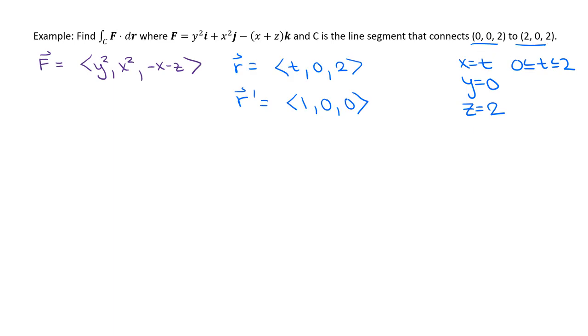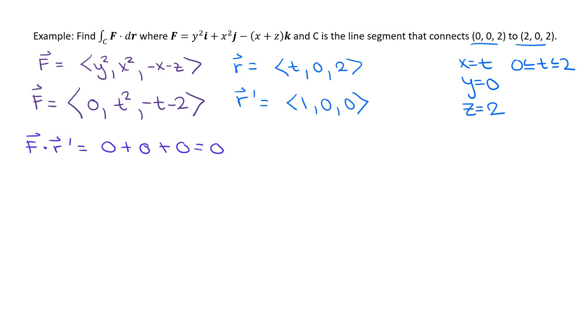So I am going to say my r is t, 0, 2, so my r prime would be 1, 0, 0. And then I'm going to rewrite my vector field in terms of t. So I'm going to replace the y with 0, the x with t, the z with 2, so I get 0, t squared, minus t, minus 2.